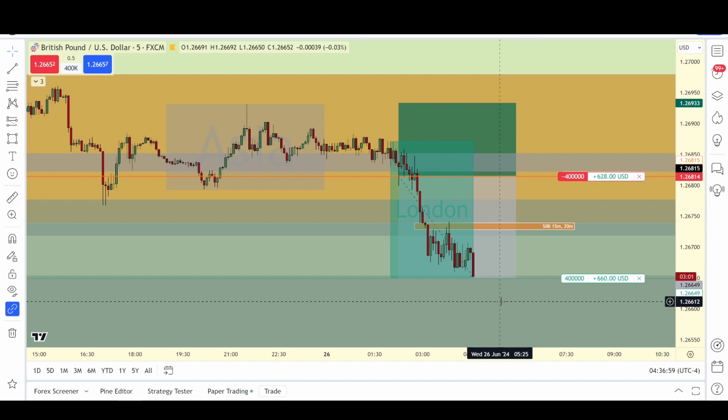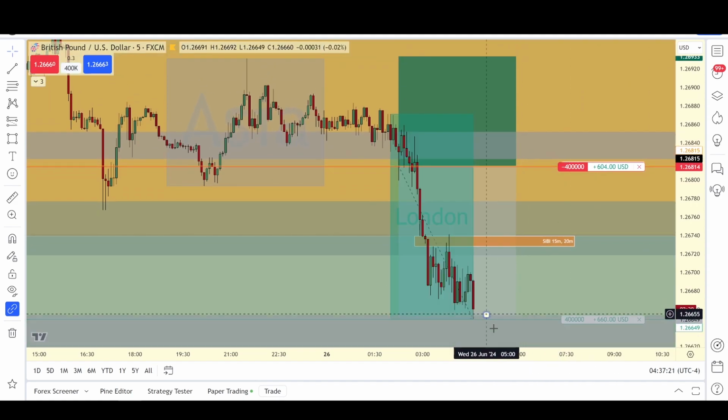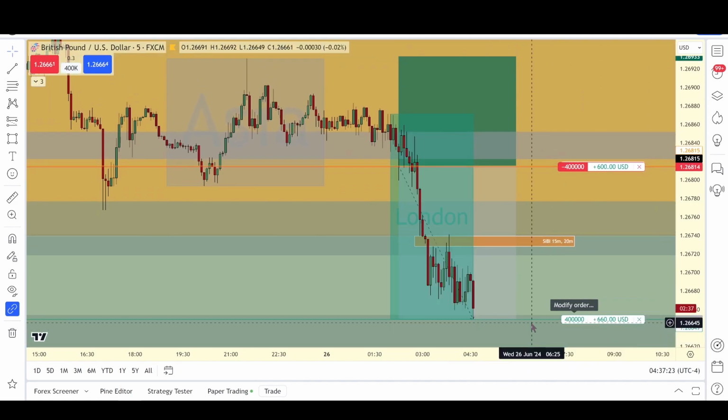Come on. Yeah, it's such a tease. That's really close. I mean, according to the position, it already hit the target, but spread, you know. Did come into that gap.